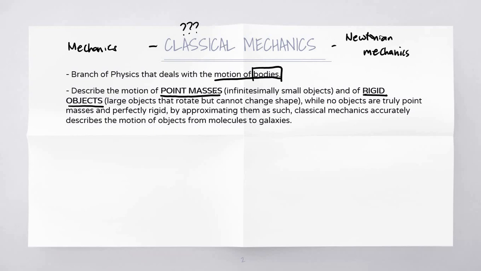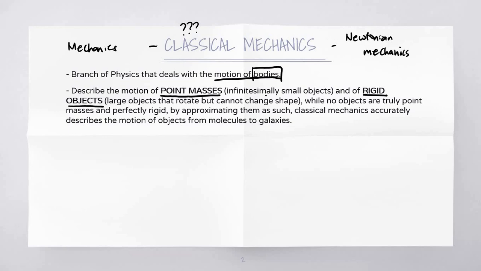How about rigid objects? Rigid objects are large objects that rotate but cannot change their own shape. Essentially, these are maybe the heavenly objects, such as a natural satellite, just like our own moon or our own planet itself. They rotate, but they cannot change their own shape. So they're very large objects.